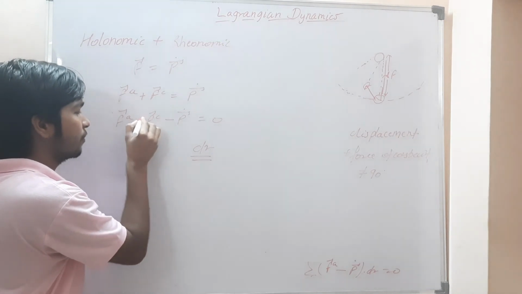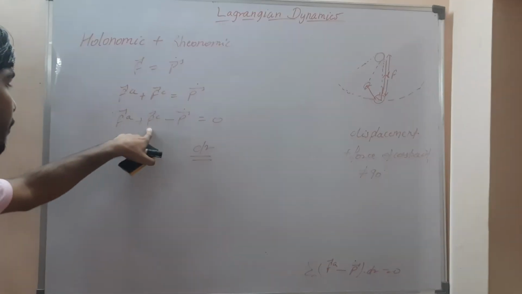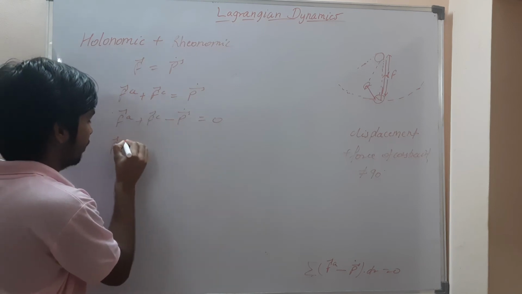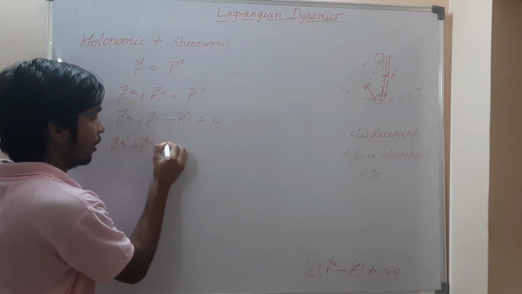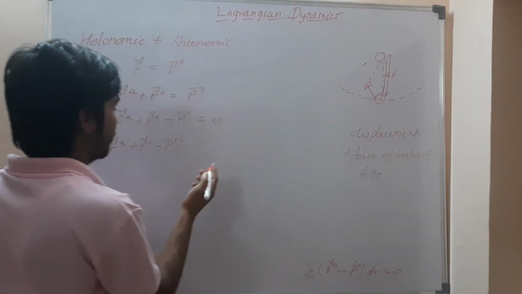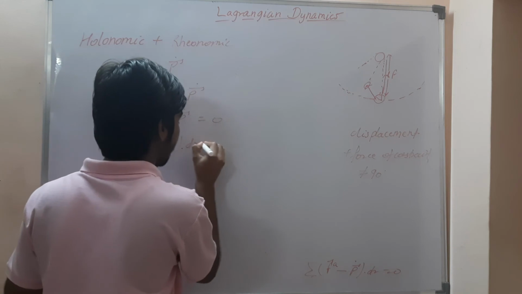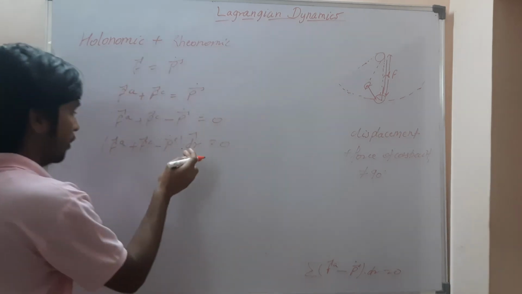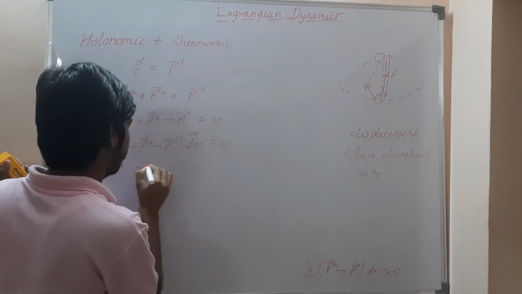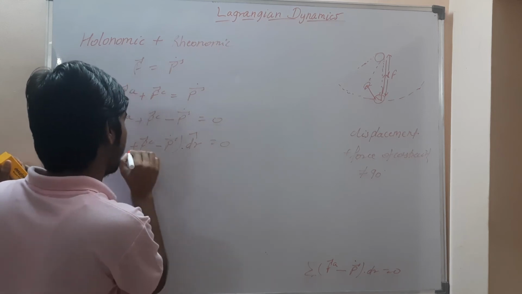So what can we do? Here, if it could be 90 degrees like this, and I take the dot product, similar to the case I did last time, then setting the force of constraint dot dr equal to 0, I take it outside.